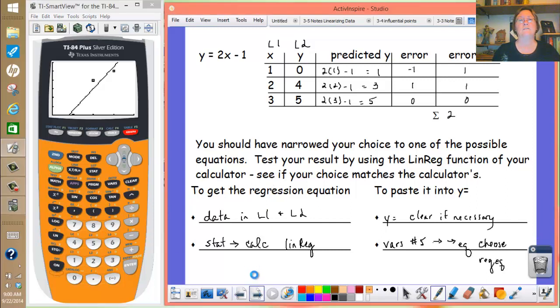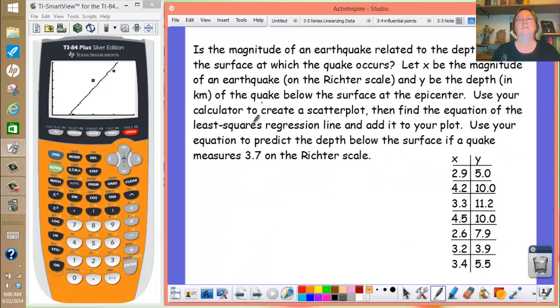I'm going to ask you to use it one more time. I have an example problem here about earthquakes. So, our x is the magnitude of the earthquake on the Richter scale, and y is the depth in kilometers under the Earth's surface where the epicenter was.